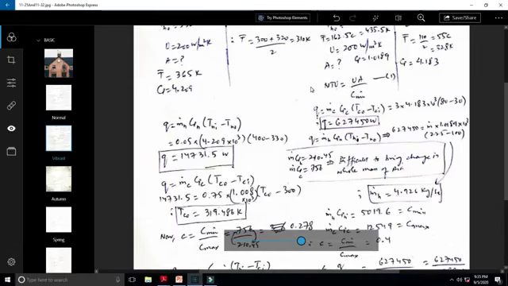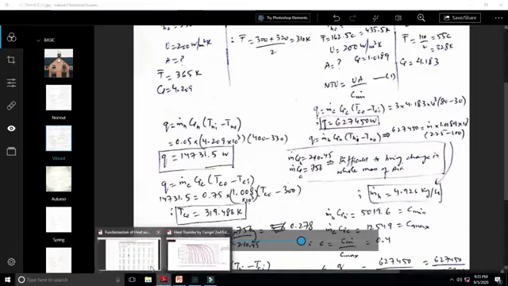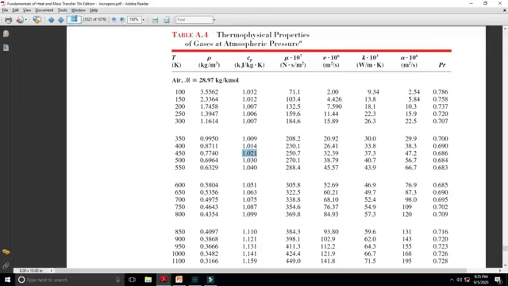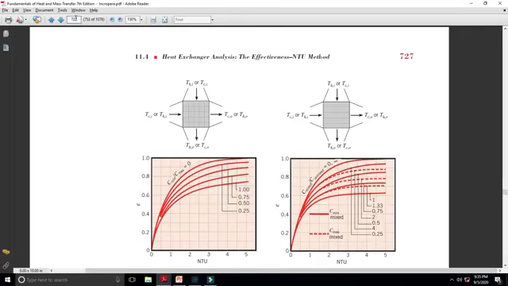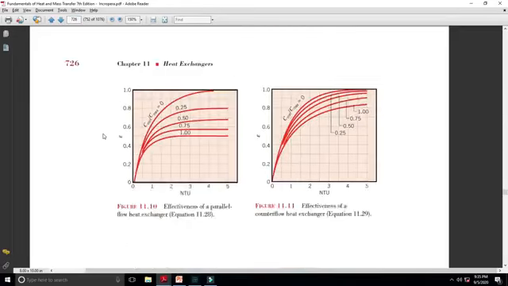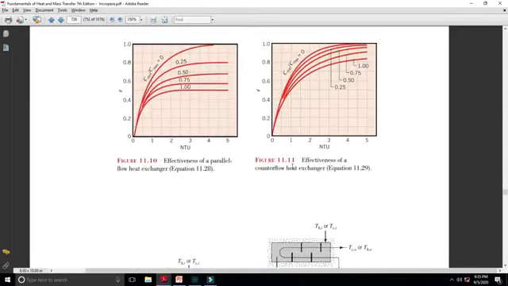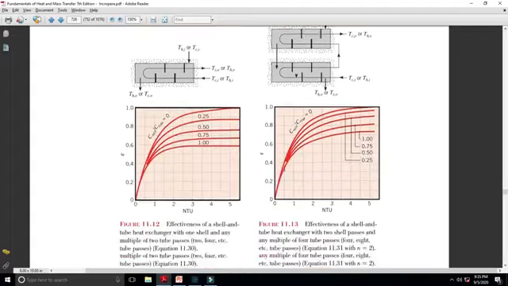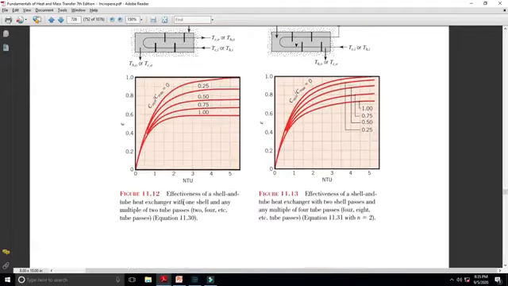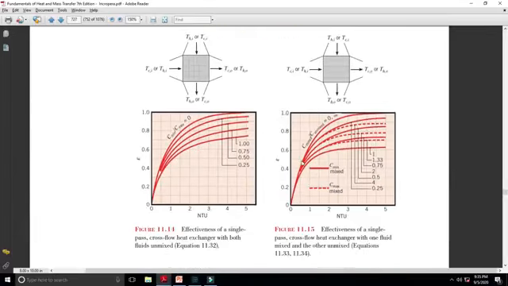NTU can be found using those expressions or the table. If we refer to those charts, this is for parallel flow, this is for counter flow, this is for one shell and multiples of two fluid passes, two shell and multiples of four fluid passes, and this is for cross flow.